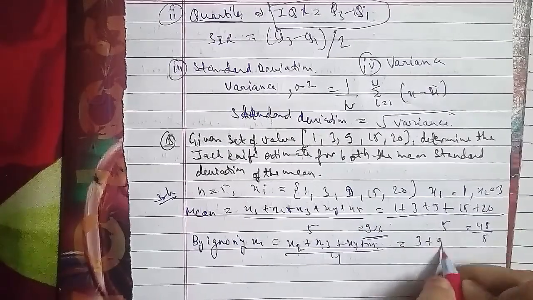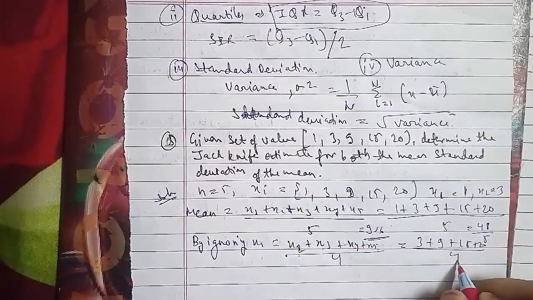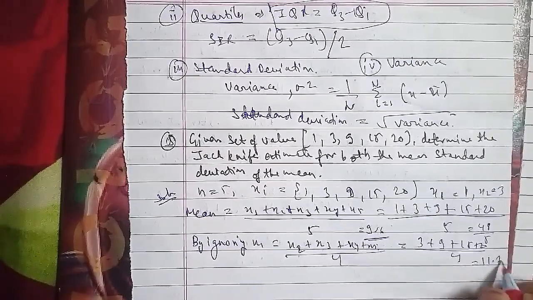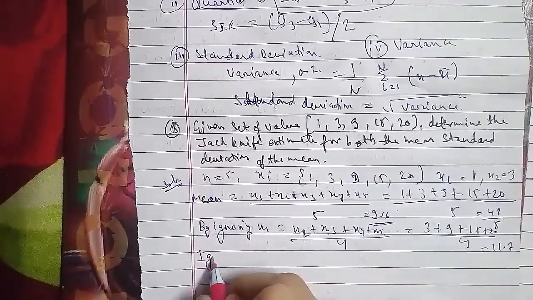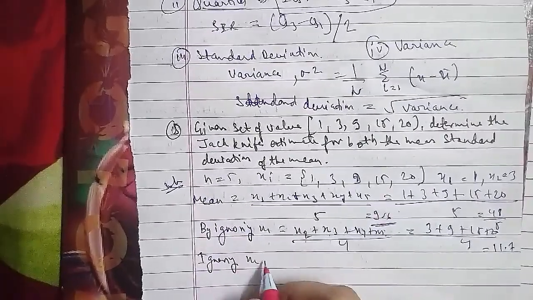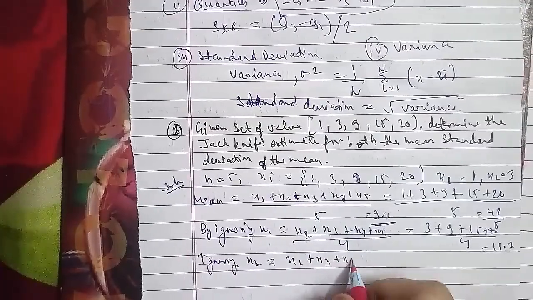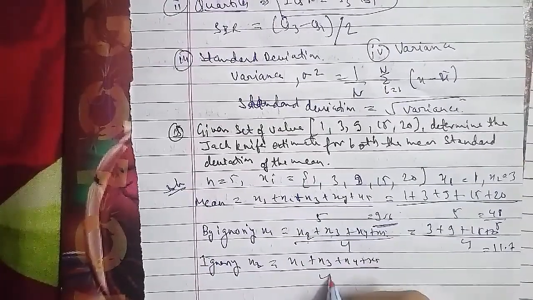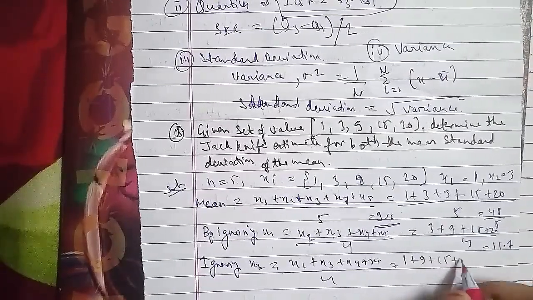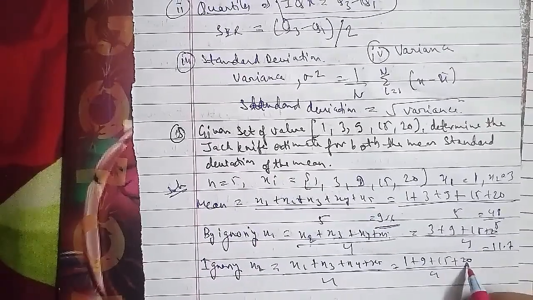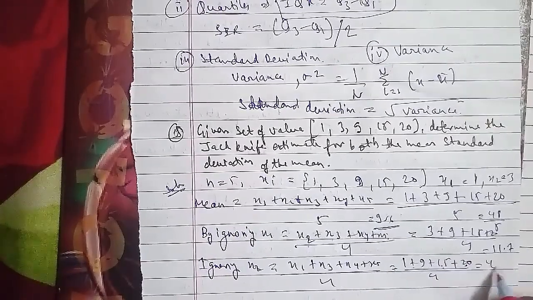Now ignoring x3, which is 9, we have (x1 plus x2 plus x4 plus x5) upon 4, so (1 plus 3 plus 15 plus 20) upon 4, which is 39 upon 4, and that gives 9.75.